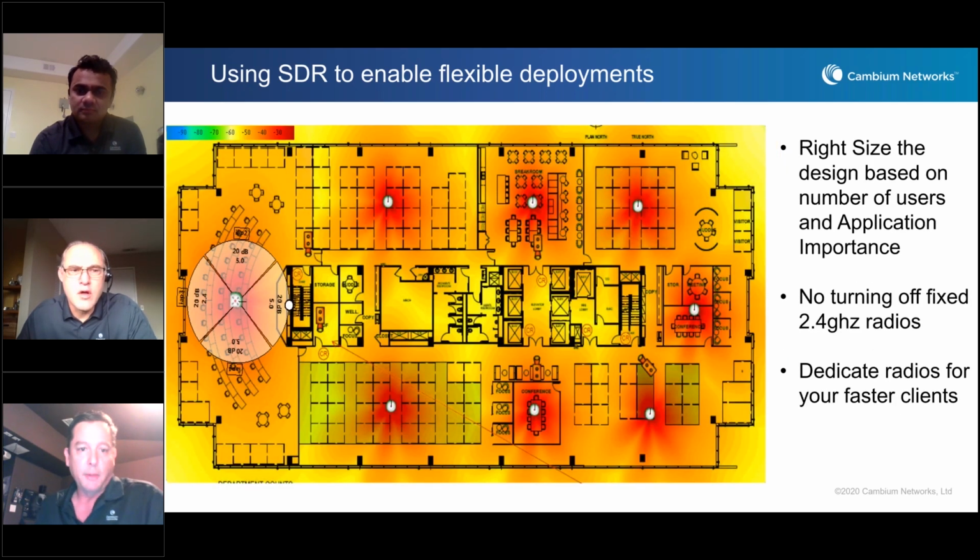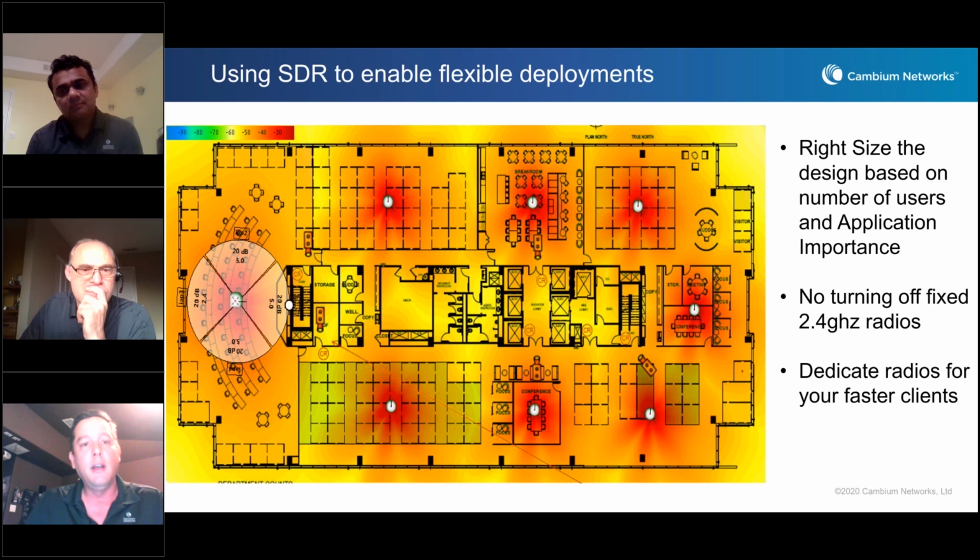And this is an example in a different kind of floor plan where right sizing is important. You've got your typical low density areas in the center and the right hand side of the floor plan where a standard 2 radio AP is going to be perfect for that amount of density. But on the left hand side, you've got an auditorium style classroom where you're going to have more users.